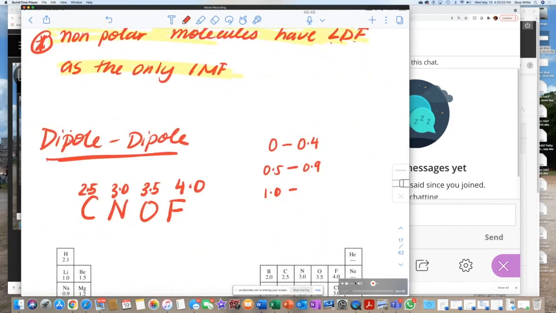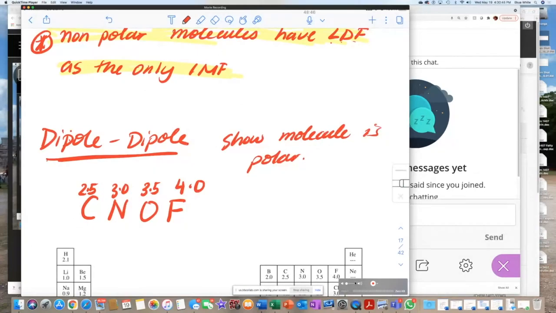The next one is dipole-dipole. For this one here, you have to show the molecule is polar. For this part here, we need a little table that says that if your electronegativity difference in the element, depending on the two elements. So look at the two elements making the bond, right? We're trying to judge the polarity of the molecule.